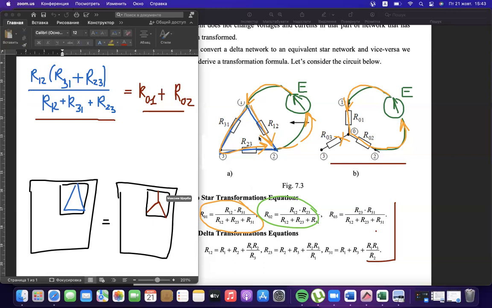But if the triangle is equal to the star and the star is equal to the triangle, the current should be the same. The current in the first case should exactly equal the current in the second case. If the sources are equal, that means the resistivity also should be equal to obtain the same current. That is why these resistivities should be equal. Okay, that is why.